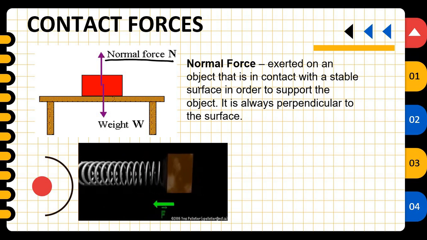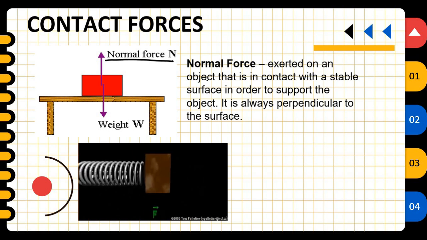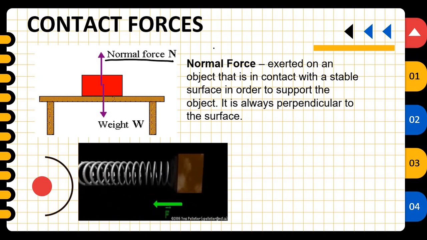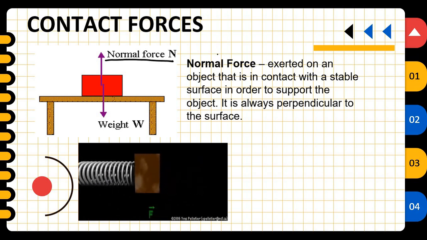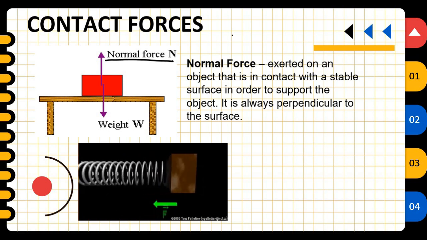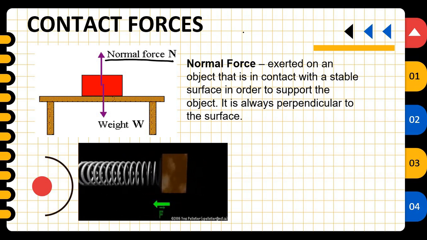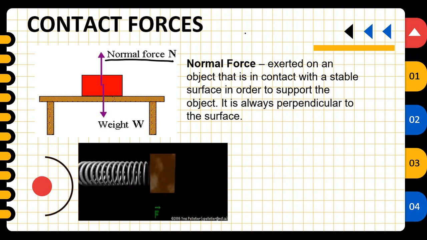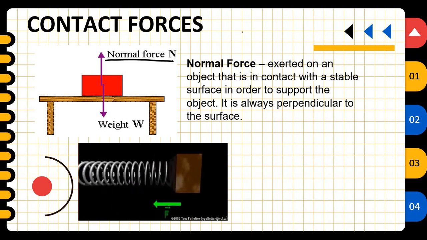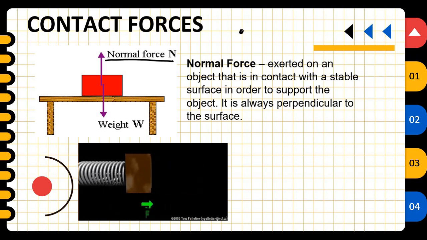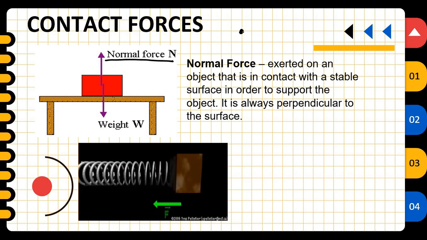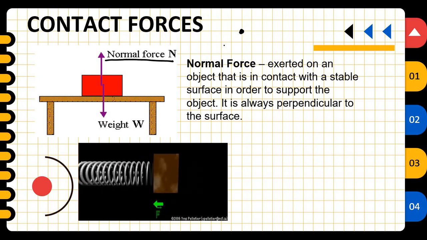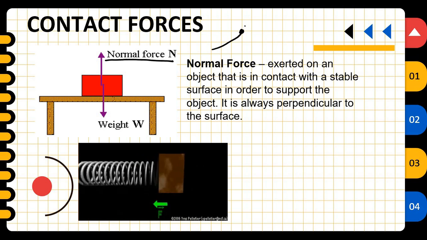Before we understand what happens with the normal force, let's try to identify first where the term normal came from. This actually came from mathematics. So let's say that we have here a point in a graph, and this is our graph.